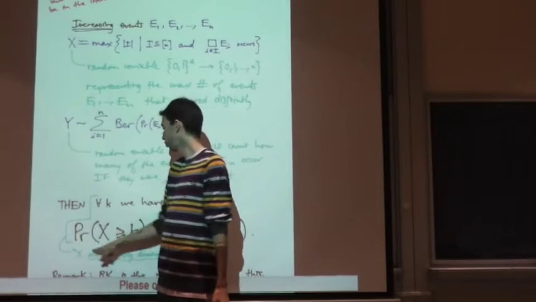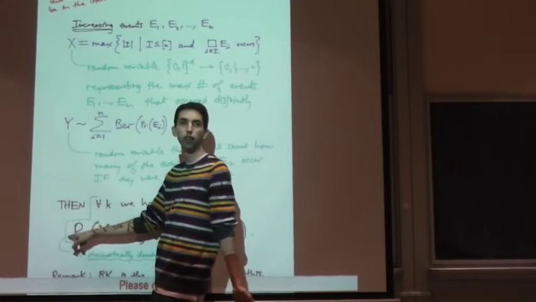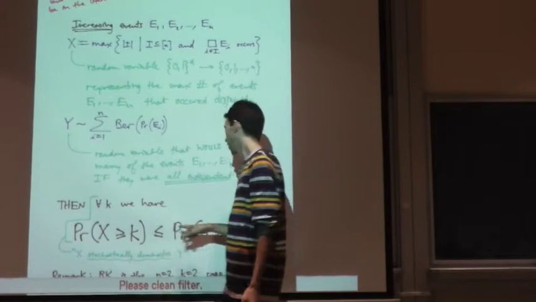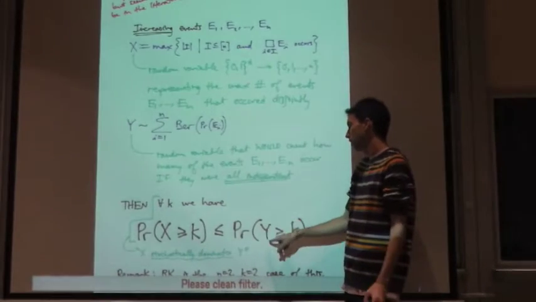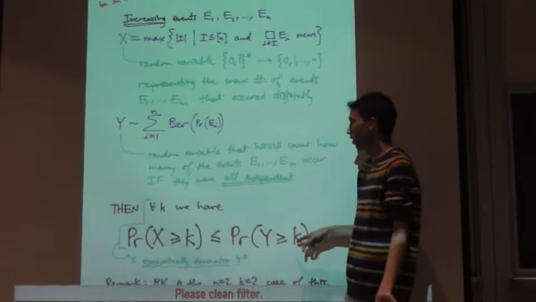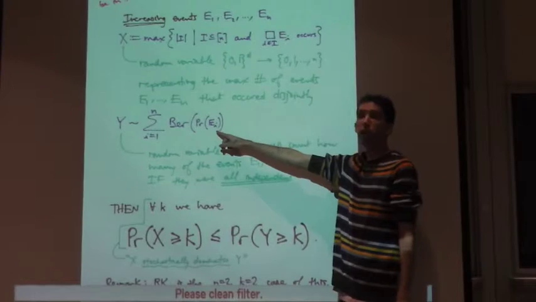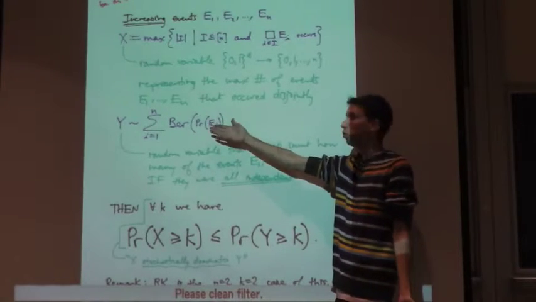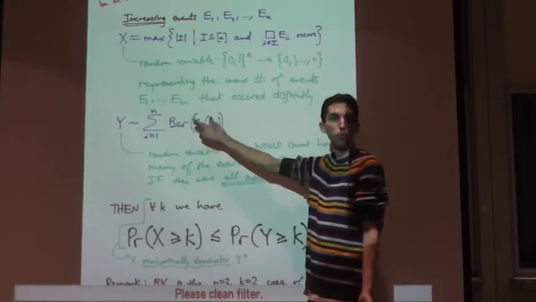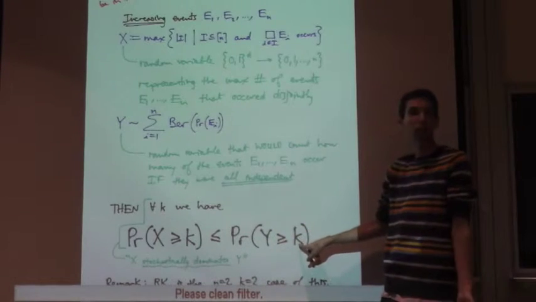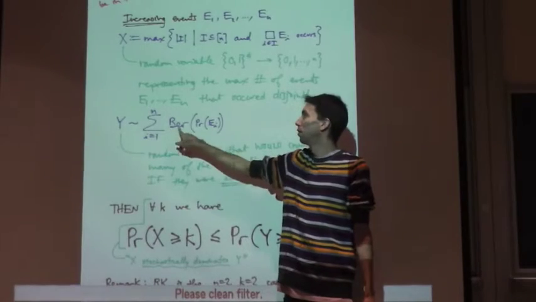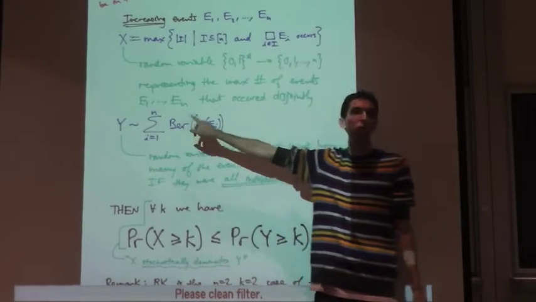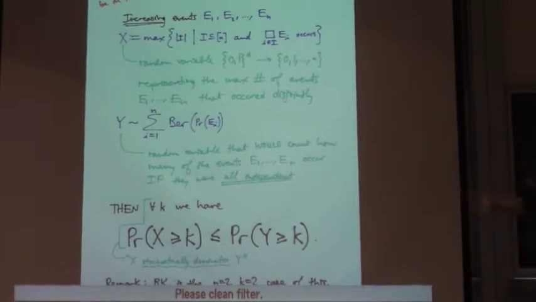So if n equals 2, k equals 2, on the left-hand side we have what's on the left-hand side of BK. And on the right-hand side, same thing. If there are only two events, Y is at most 2. It's a sum of two Bernoullis. So if it's at least 2, then it's 2. And what's the probability that it's 2? Well, the probability that both of these Bernoullis come up 1, which is the product of those probabilities.